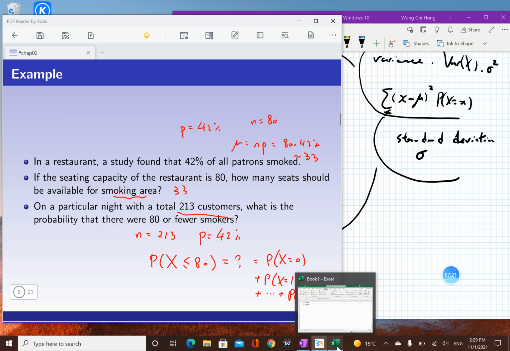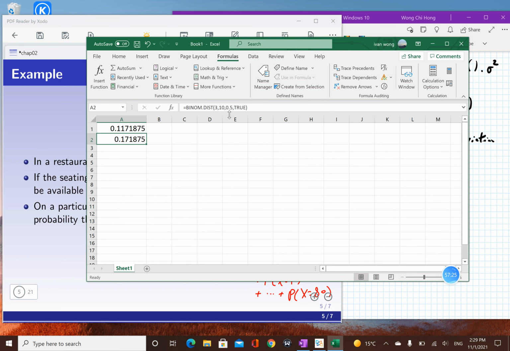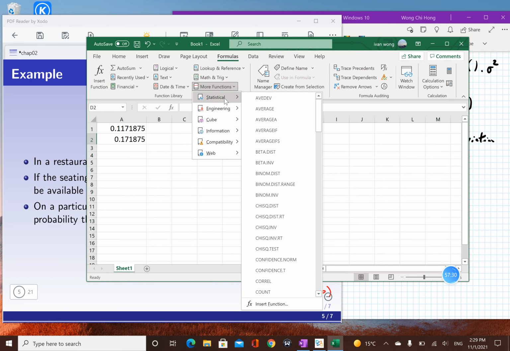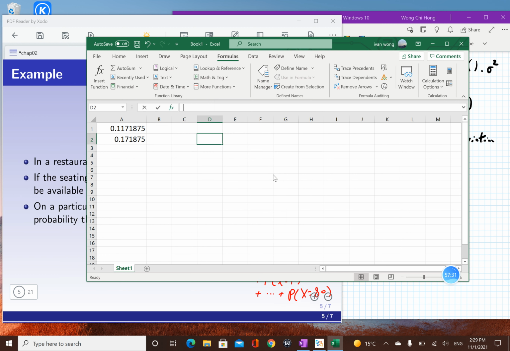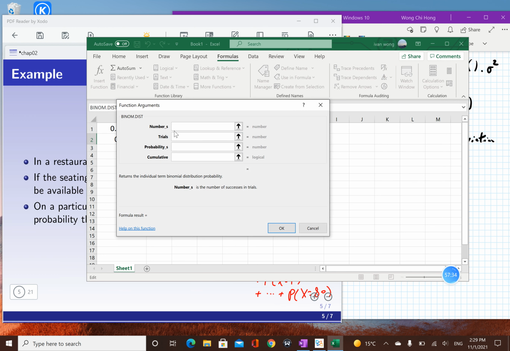Of course, I wouldn't ask you anything like this in an exam, but just as an example, we can do this with Excel, exactly the same way as before. I want 80, and I have 213 customers, where we have 42% of being a smoker, and I want the probability less than or equal to 80.